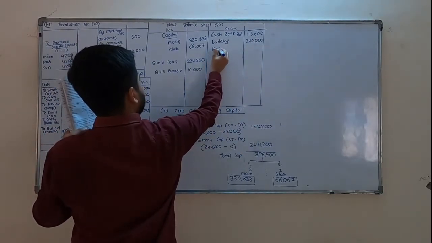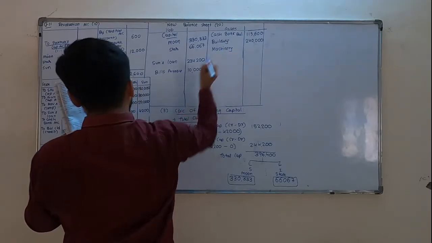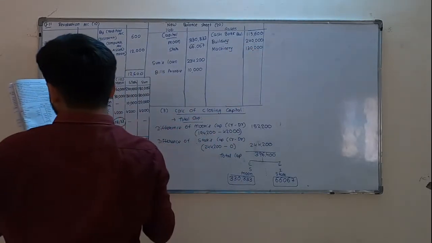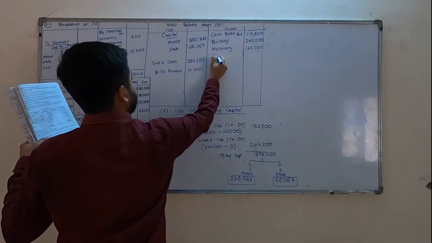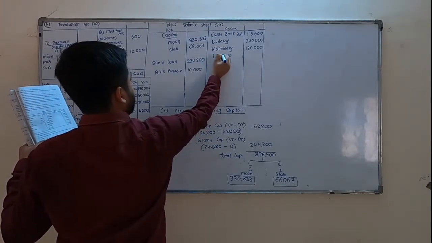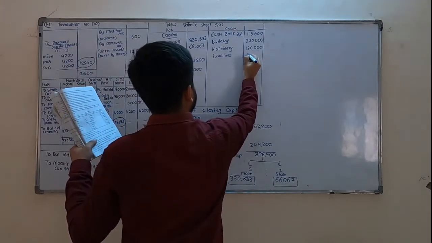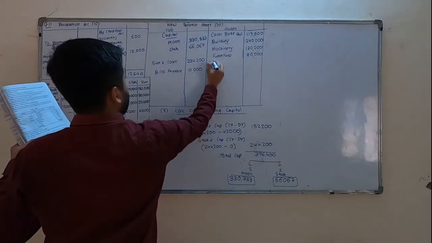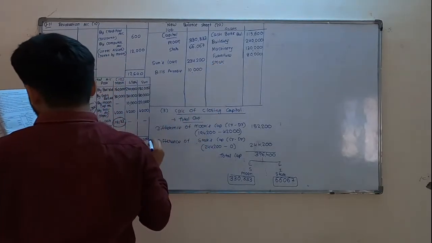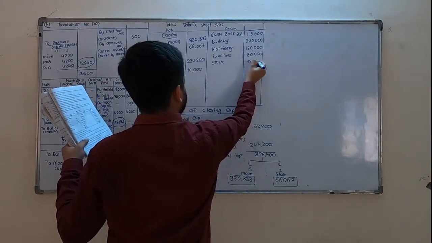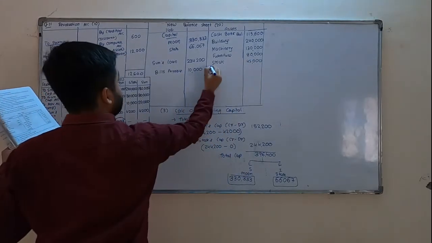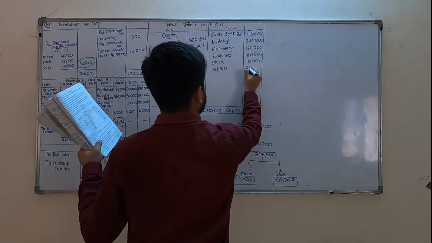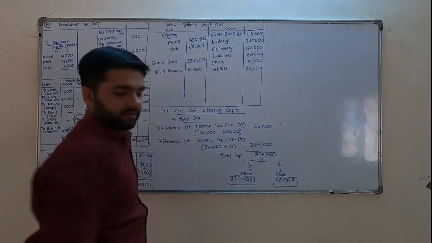Then machinery. Machinery is rupees 1,30,000. Then furniture. Furniture is rupees 80,000. Then stock. Stock is rupees 45,000. Then debtors. Debtors are rupees 30,000. And bank balance we have recorded.